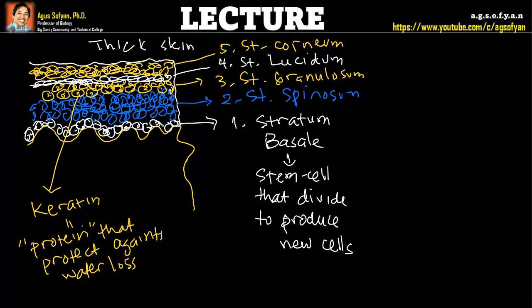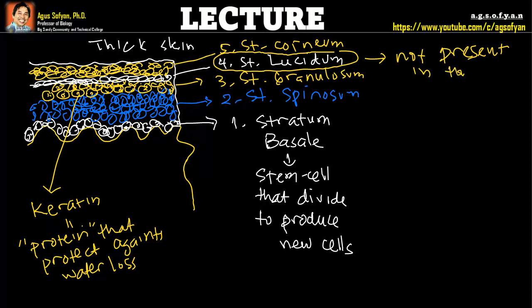If it is a thin skin, then it only consists of 4 layers. And the layer that is not present in the thin skin is the stratum lucidum. Okay, this stratum lucidum is not present in thin skin.